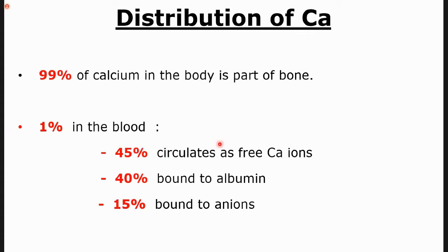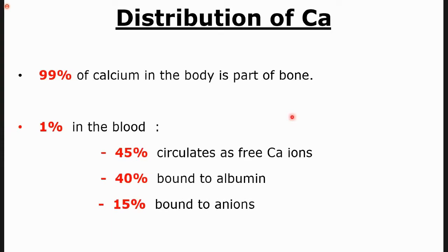Then 40% of the calcium in the plasma is bound to albumin, which is known as bound calcium. And then we have 15% bound to the anions, organic acids. So here, what we have to keep check on is the free calcium ions, the physiologically active ions.